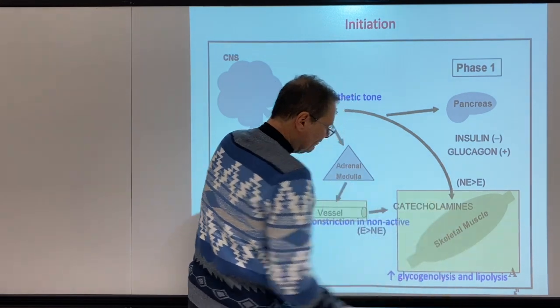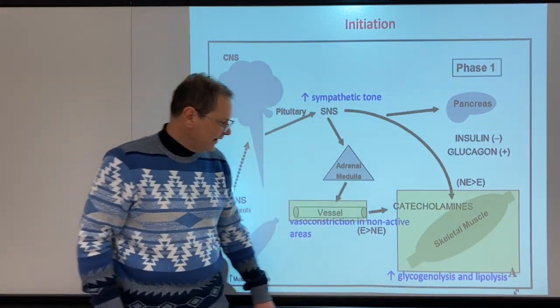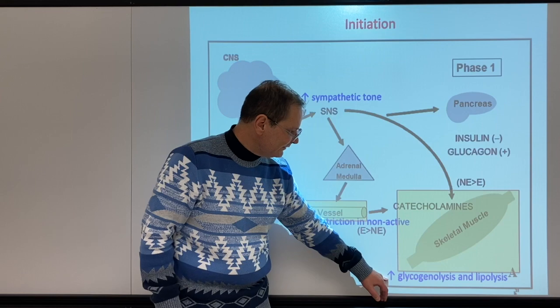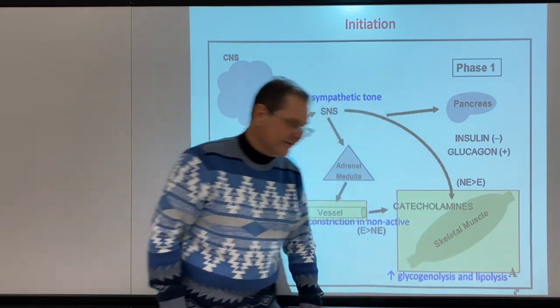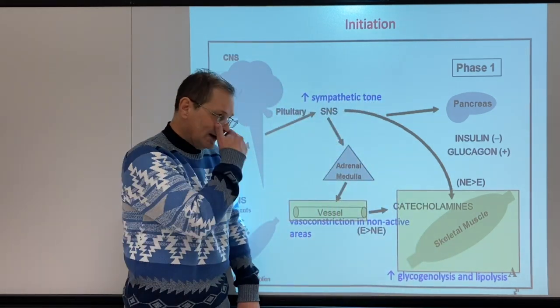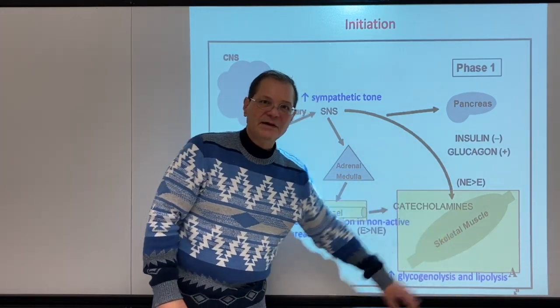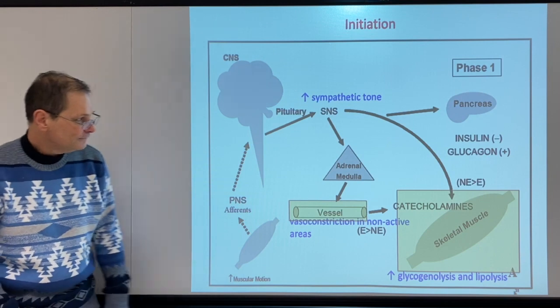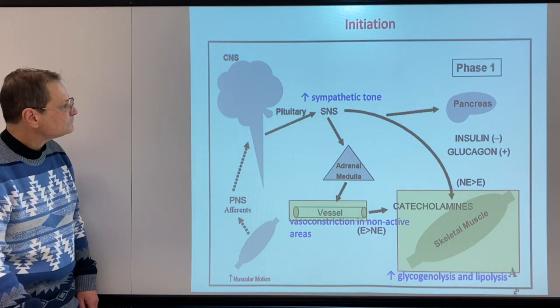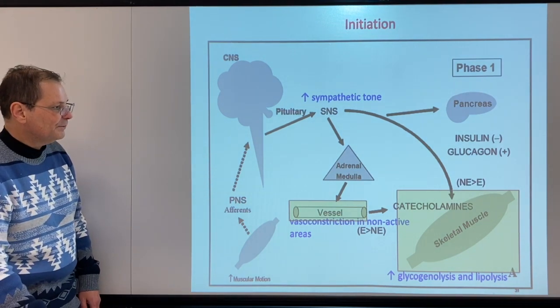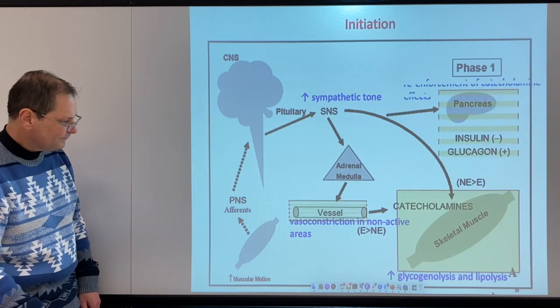In muscle, you're getting an increase in glycogenolysis and lipolysis, okay? So in order to generate more substrate for utilization in your active muscle, in response to the increase in catecholamines.